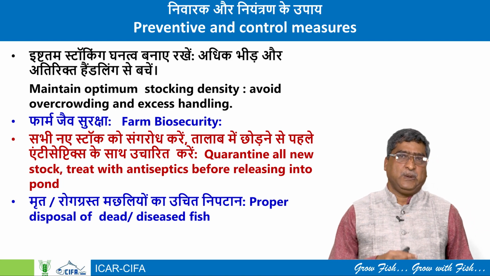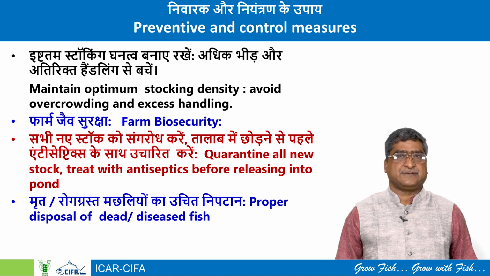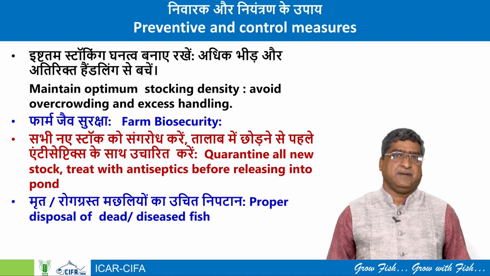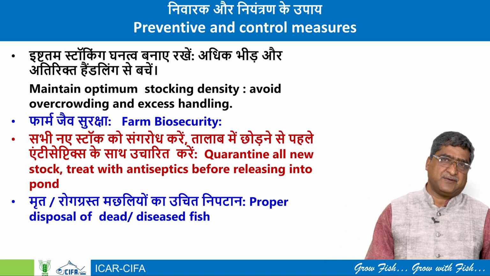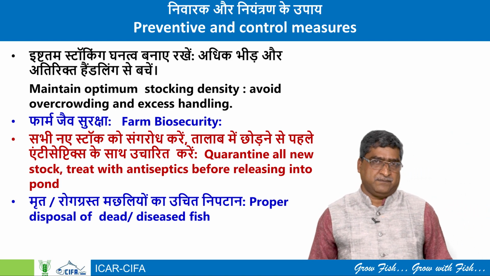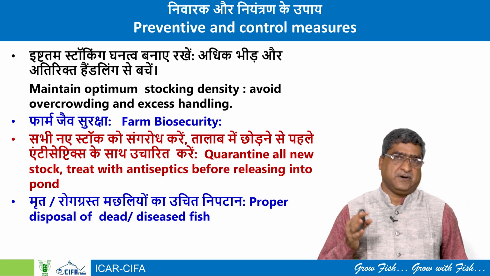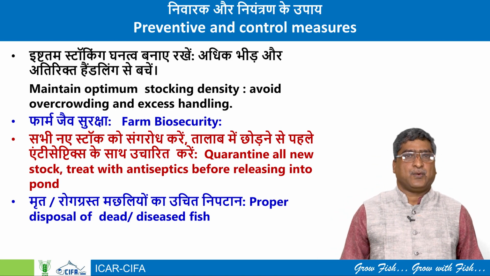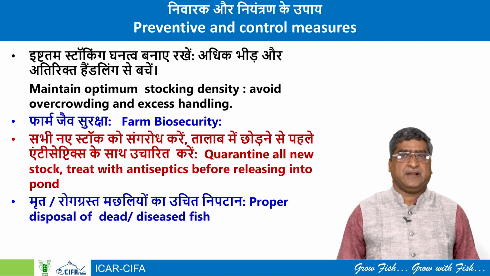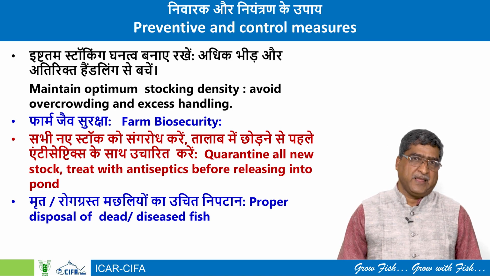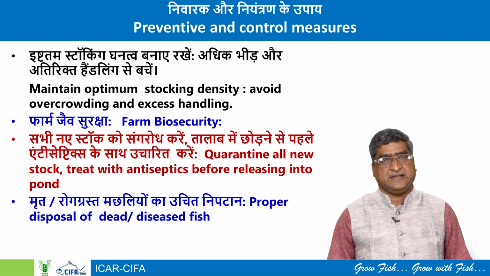And importantly, you may employ farm biosecurity. That means the pathogens should not come from outside, should not come through other animals or birds. Then quarantine all new stocks and treat them with antiseptics before releasing them into the pond. Proper disposal of dead fish is very important.